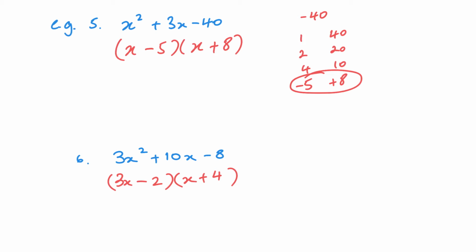If I'm not sure, what I can do is multiply the term in front of the x squared with my final term. So I'm doing 3 times my negative 8 there to be negative 24. And then I'm looking for the pairs of factors of 24 that will make my 10.